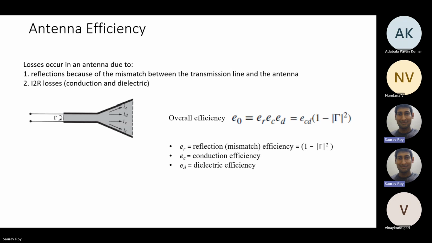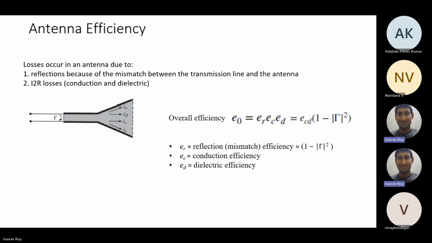So that is what it says here. There will be losses occurring in the antenna due to reflections that happen because of mismatch between the transmission line and the antenna. I hope you understand that both these two different components are present: one is the transmission line, which is used to feed the antenna, and the other is the antenna itself.